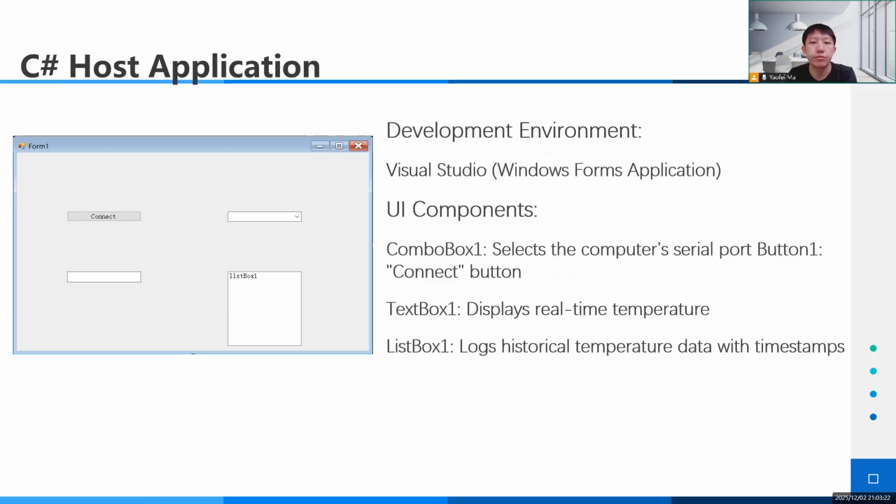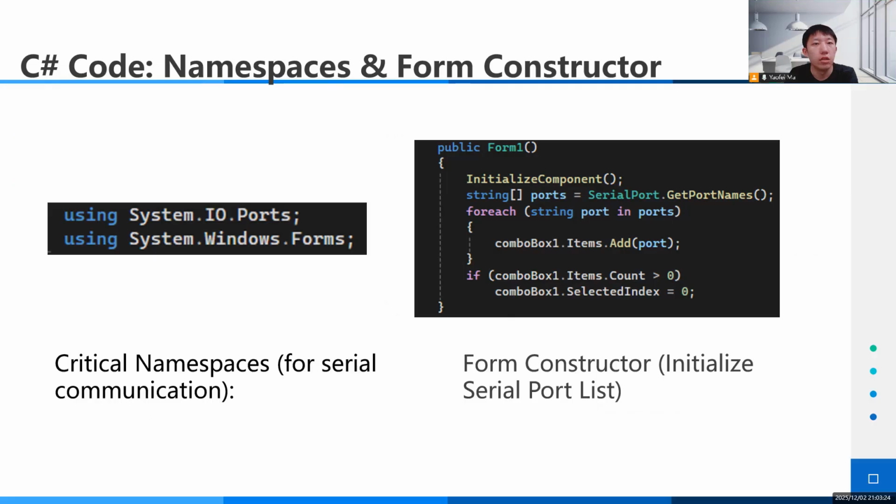This is the start of the C# code. First, we add the System.IO.Ports namespace. It is the key code for serial communication. Then the form constructor runs automatically when the program starts.